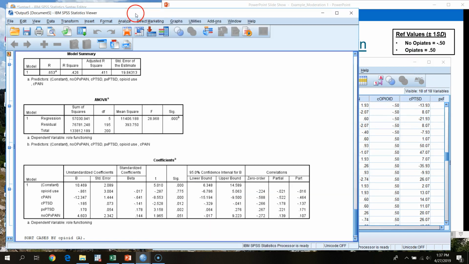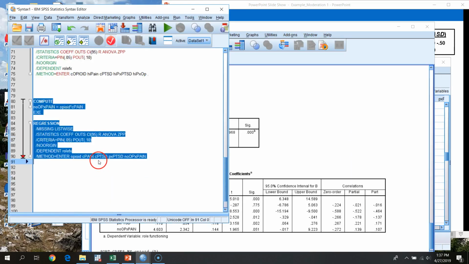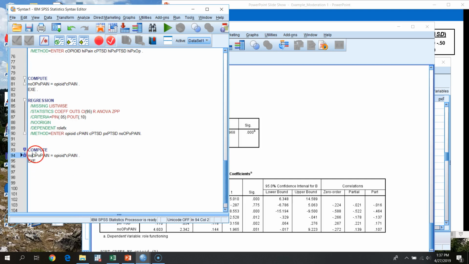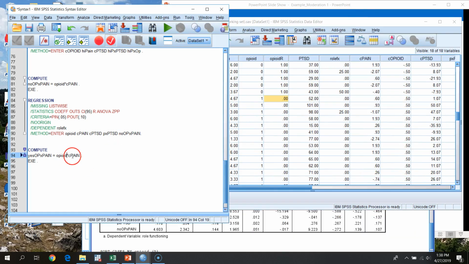With this, now all I have to do is go back through and create a new interaction term, and I'm going to call it yes opiate times pain, where my variable is going to be my opioid R times C pain. I'm going to run this.